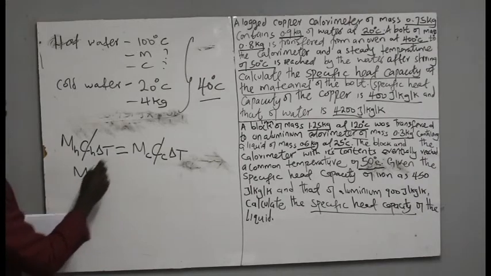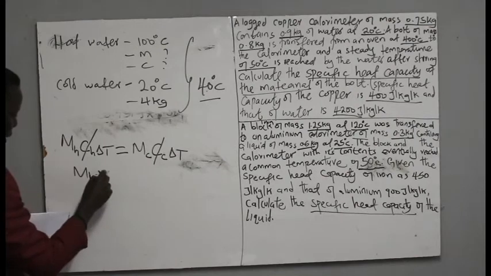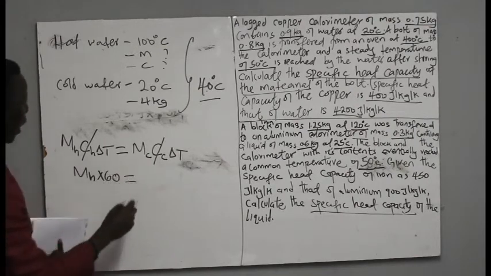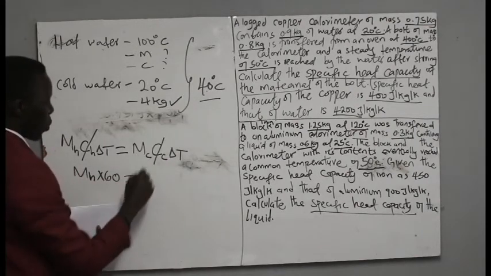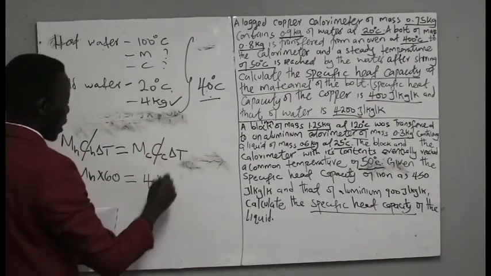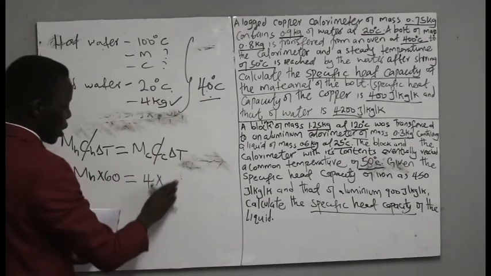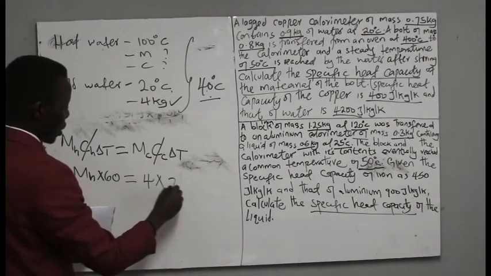The mass of the hot water we don't know, but the change in temperature is from 100 to 40, so that is times 60. It should be equal to the mass of cold water, which is 4, times the change in temperature from 20 to 40, which is times 20.